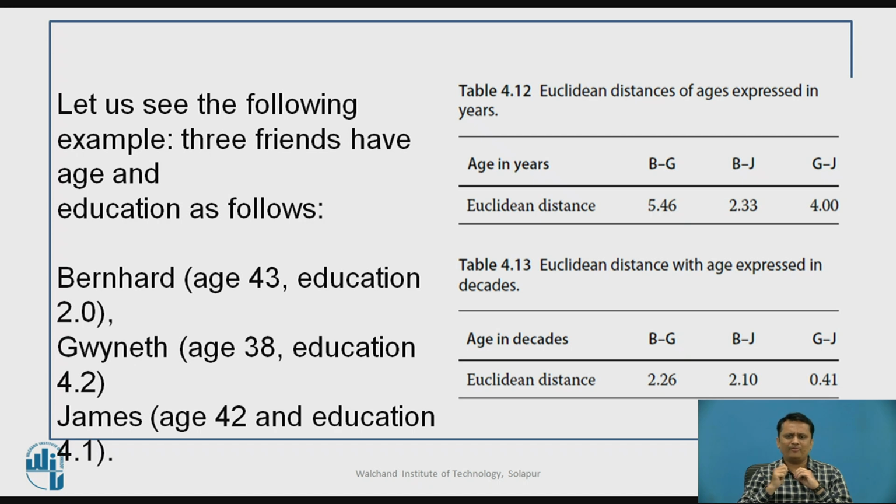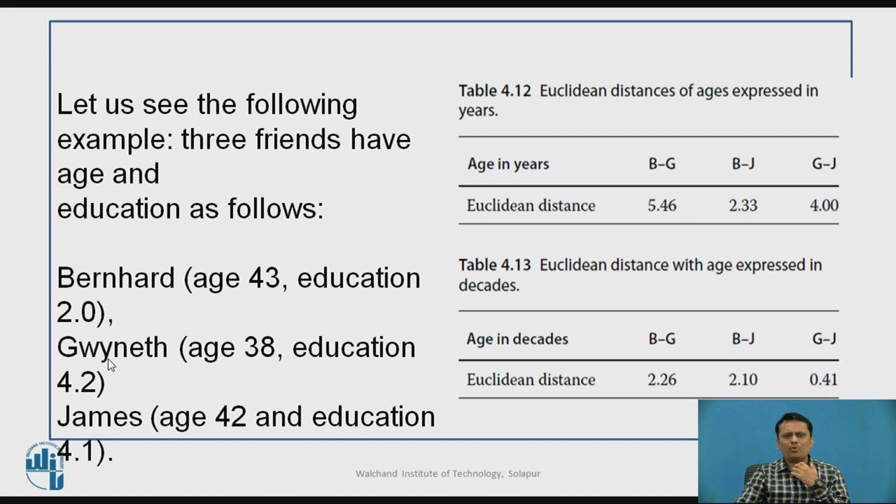Look at the problem, which is why we need normalization. I calculate the distance between, let us say, Bernhard and Juanith. For the Euclidean distance, the formula is the square root of: 43 minus 38, the difference squared, plus 2.0 minus 4.2, the difference squared.